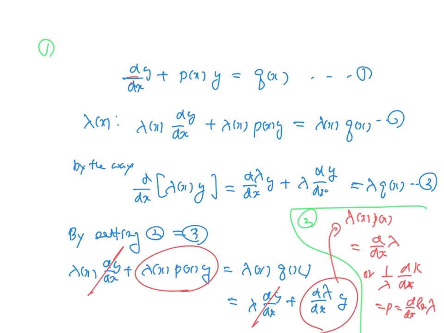So we can solve the differential equation by setting the logarithmic derivative d ln lambda/dx equal to p. You learned logarithmic derivatives a long time ago, right? Logarithmic derivative is all you need to find the solution for the first order differential equation.